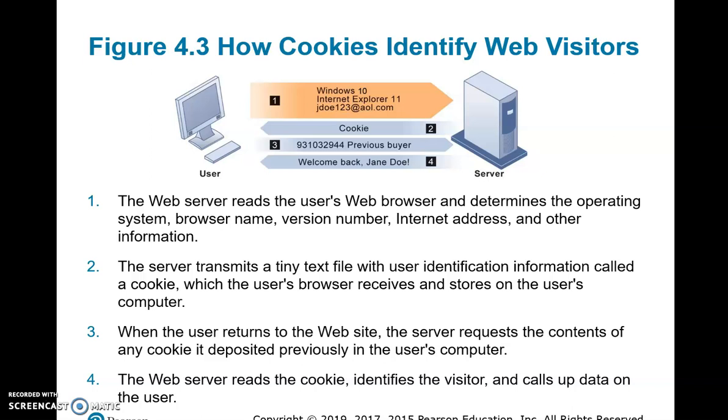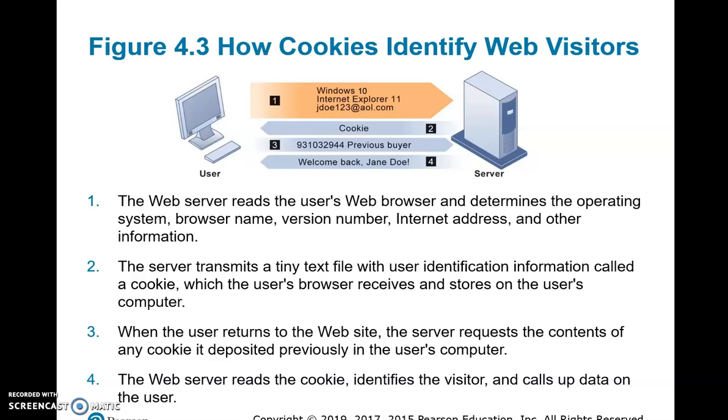Cookies identify the visitor's web browser software and track visits to the website. How it works is, during the HTTP request, the web server reads the user's web browser and determines the operating system, the browser's name, the version number, the internet address, and any other information like the email address, and so on.